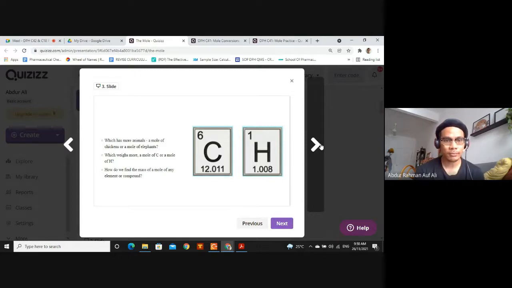Alright, so question number 2, which one yang kita dah jawab tadi, which weighs more, a mole of carbon ataupun a mole of hydrogen? Ini yang saya tunjuk tadi dalam periodic table. Berat satu atom carbon adalah 12.011 gram. Berat satu atom hidrogen adalah 1.008.